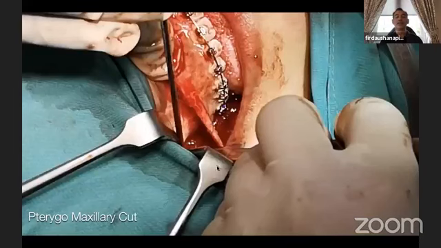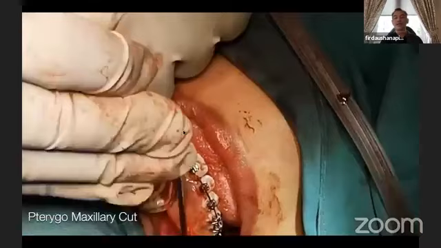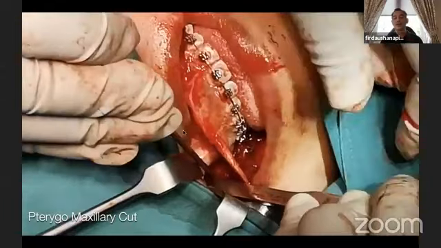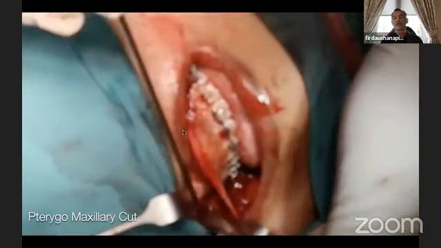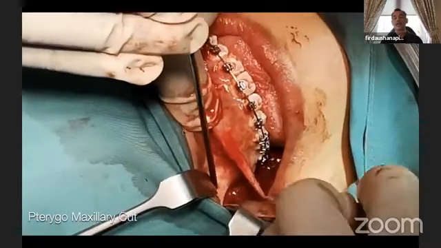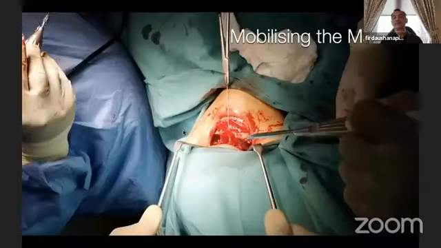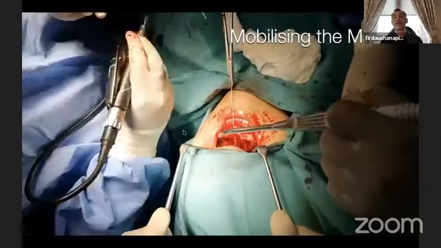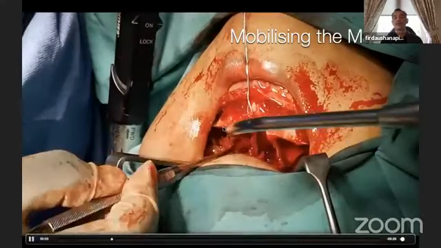You can see here, this is where the pterygomaxillary cut is. You have to do a very careful angulation with the chisel so that the cut is actually at the right place. Once we have done that, we can mobilize the maxilla and get that sorted out for you.